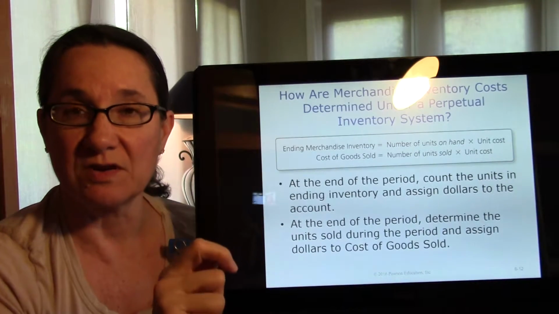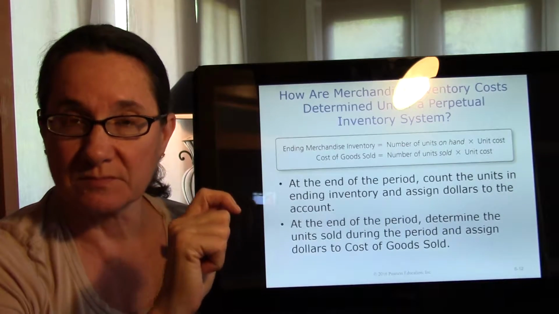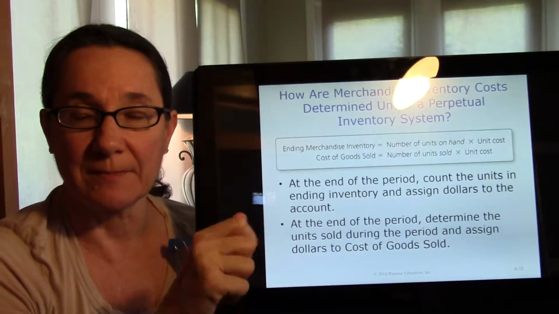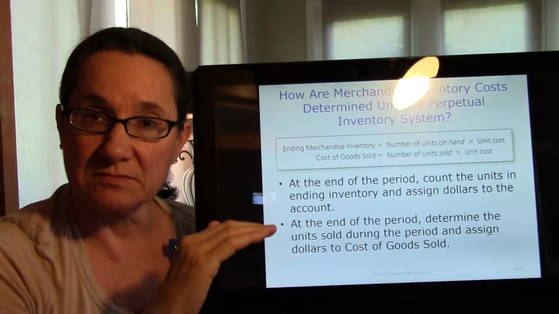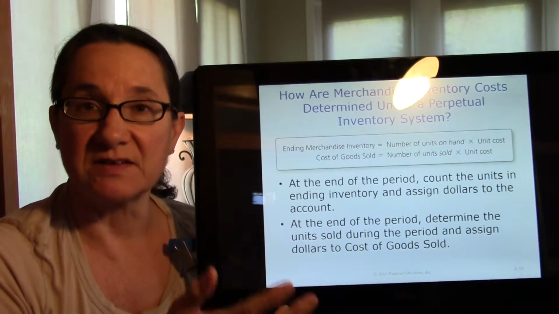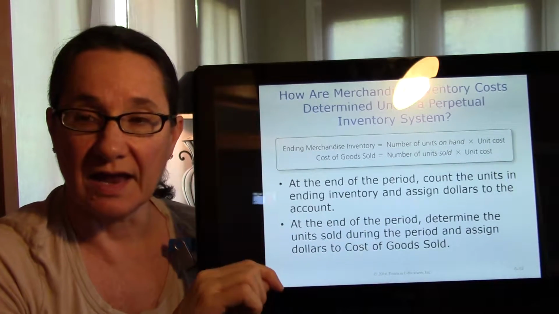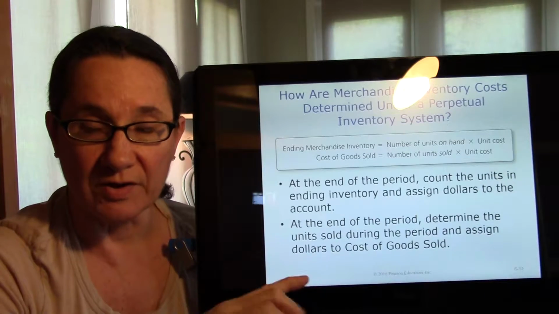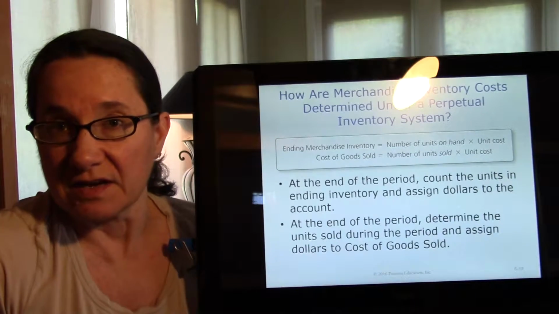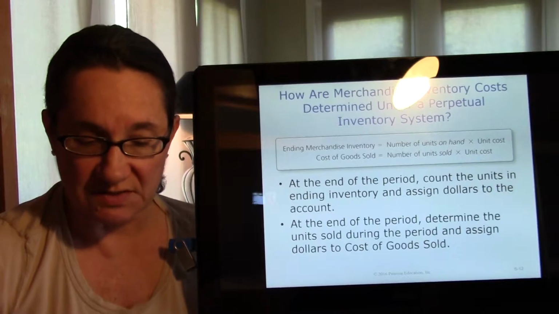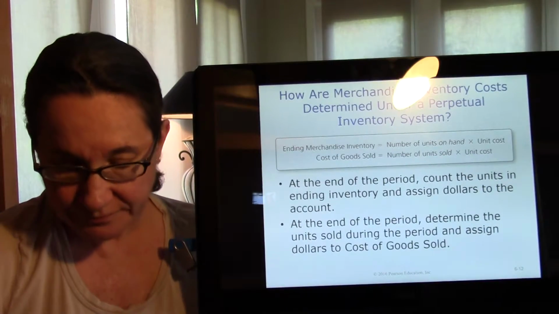We put sales revenue, we put cash or accounts receivable, right? Then we debited our expense, cost of goods sold, and we credited the merchandise to lower that merchandise. So cost of goods sold we have to track.